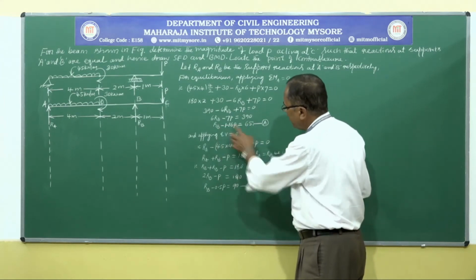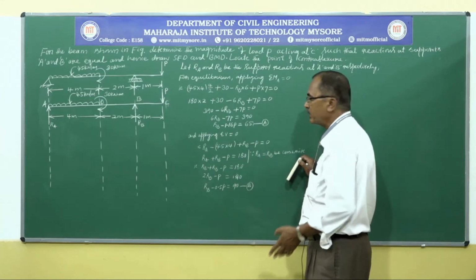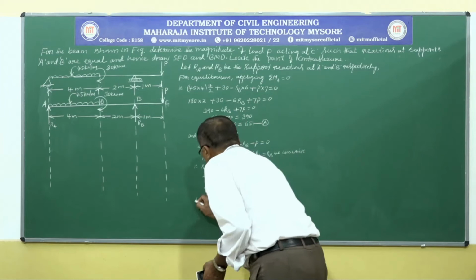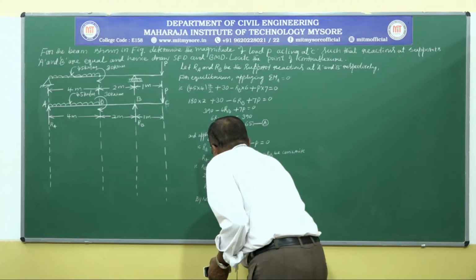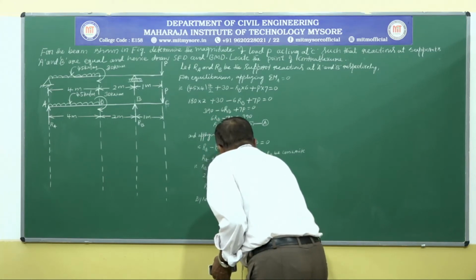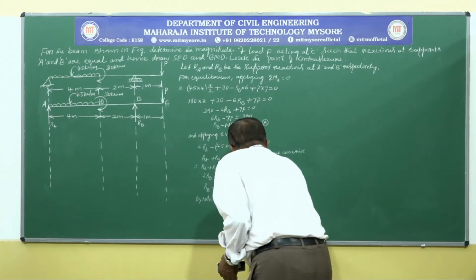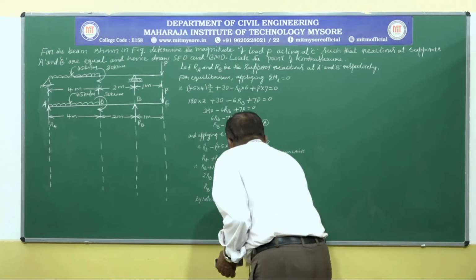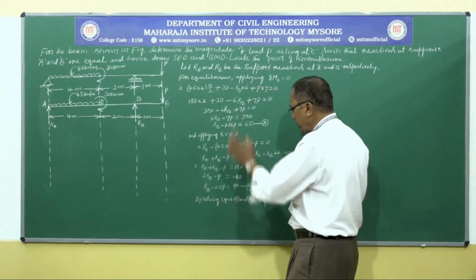Directly we can solve, or you can write equations A and B separately. If you solve equations A and B directly, RB gets cancelled, we will get P.